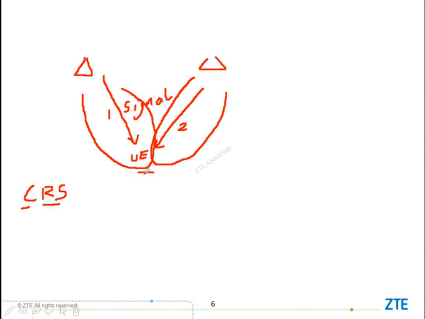For example, for this UE, cell 1 is the serving cell. So first, the UE will take a measurement of the RSRP. RSRP means reference signal receiving power. RSRP for this UE means the UE detects the receiving power level of cell 1. Actually, this power means the CRS receiving power. Also, this UE will take a measurement of the signal.